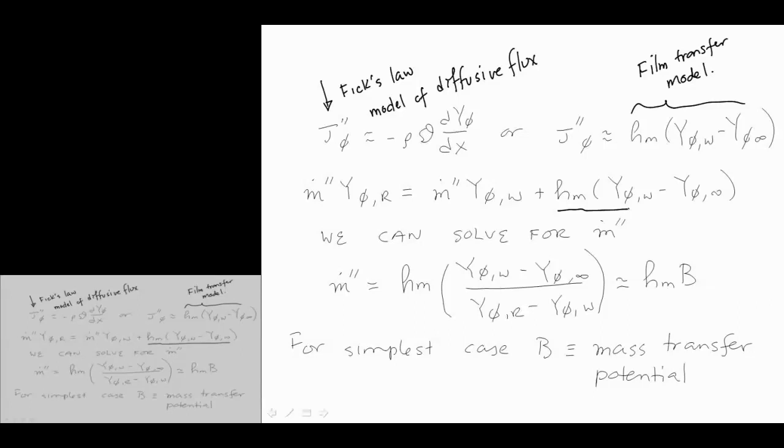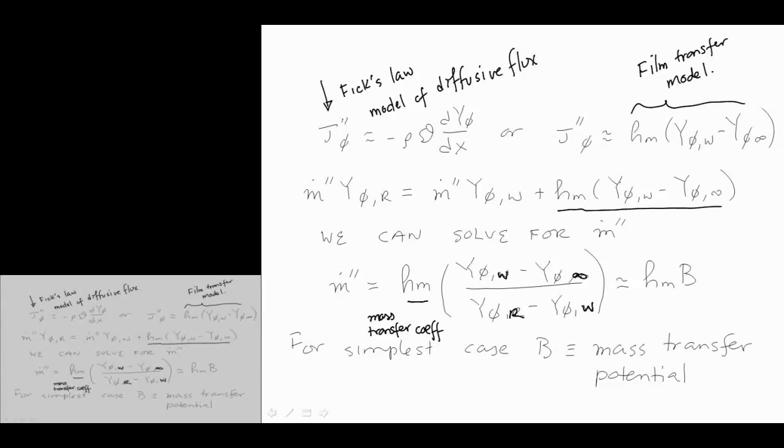We find that the mass flux is equal to the mass transfer coefficient times this non-dimensional potential. The non-dimensional potential is the conserved scalar quantity at the wall minus its quantity in the free stream, divided by its reservoir value minus its wall value.